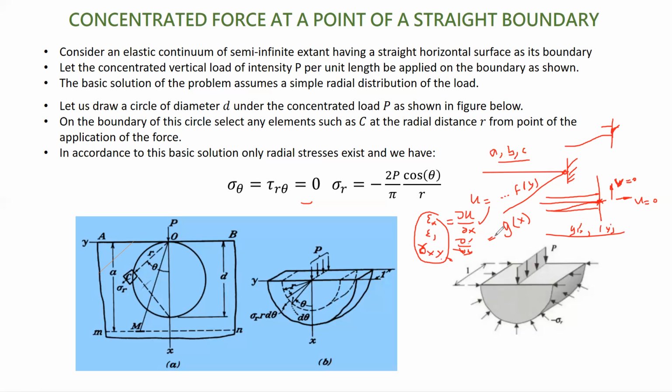Now, the next step is to satisfy rigid body motion, as I mentioned. Make the end equal to 0. Make at x equal to 0, y equal to 0, v and u equal to 0. That's 2 equations. Make the slope here equal to 0. That would be the third equation.